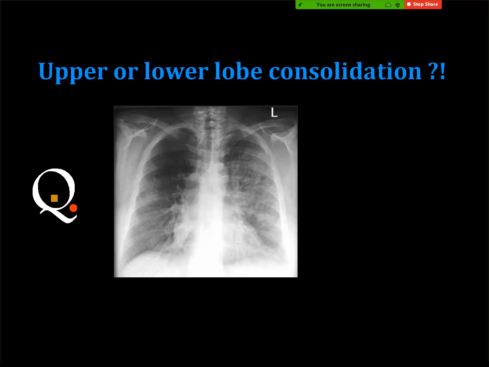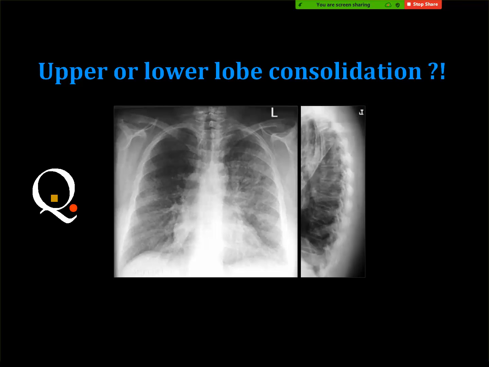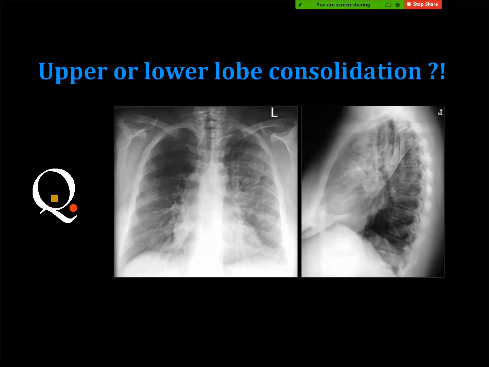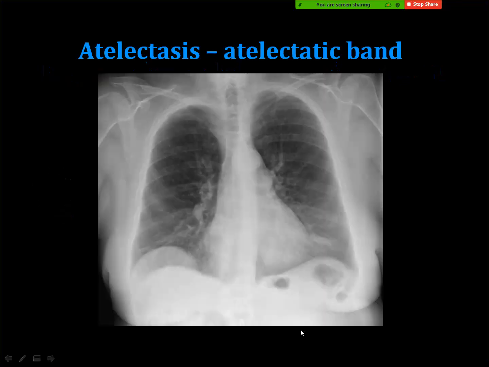In the lower lobe. Okay, what do you think? Upper. Yes, and this is the fissure, and the opacity is totally anterior, and the lower lobe is clear.